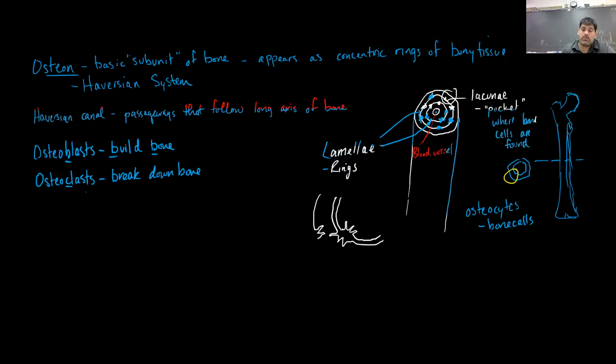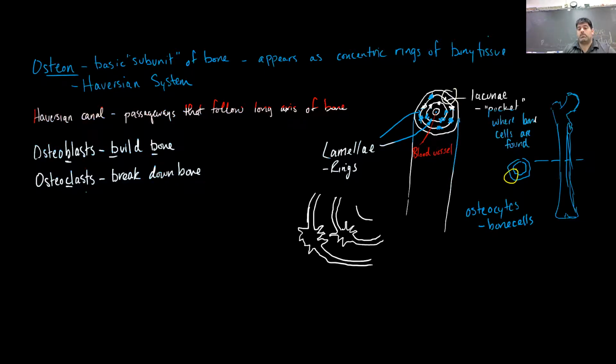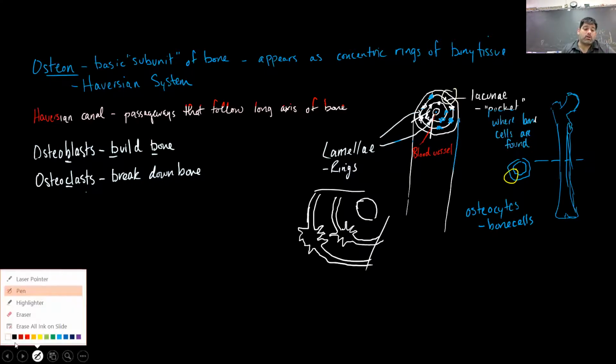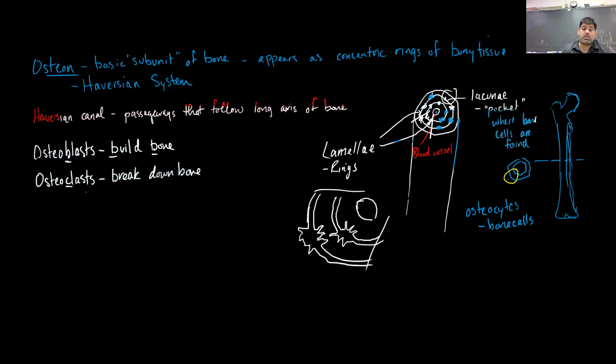And these lacunae between lamellae and the osteon are going to afford the cells space to be. Okay, so this is sort of a pie slice through right here. What we're going to see are bone cells that are fitting into these spaces here.